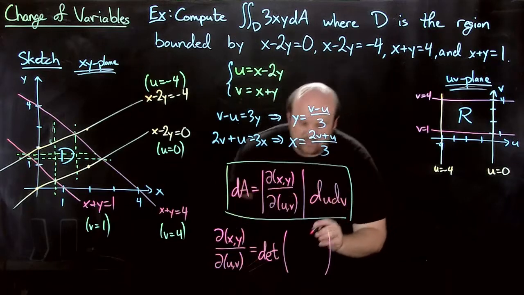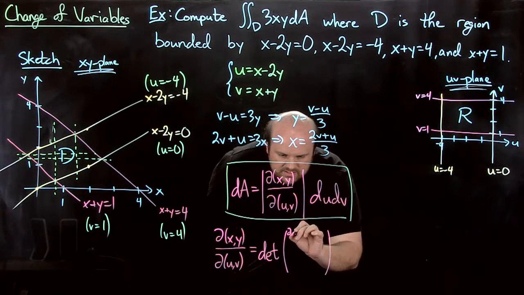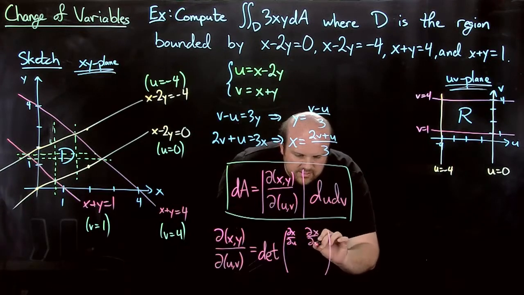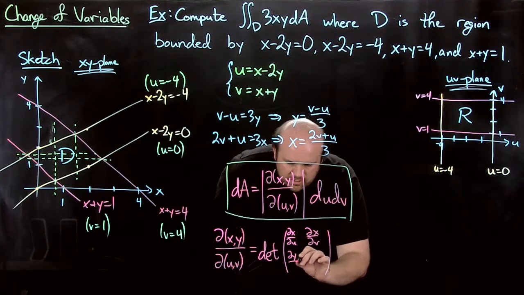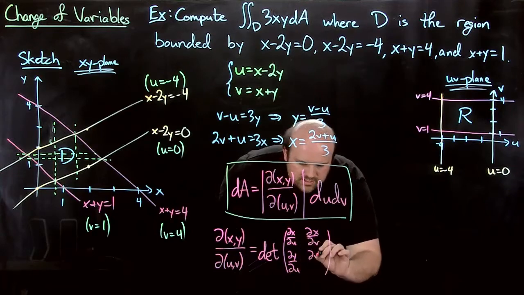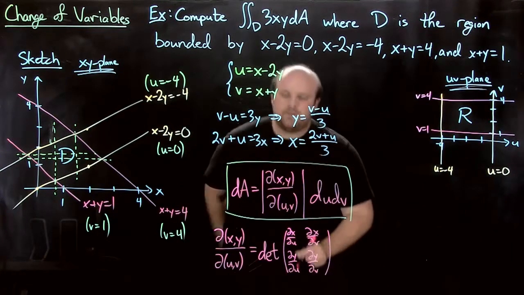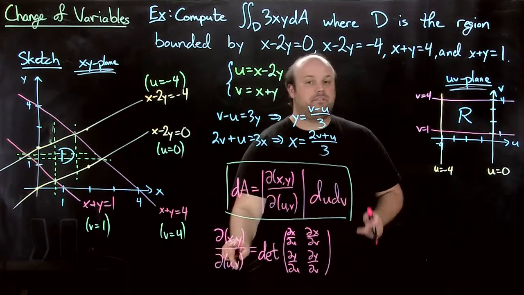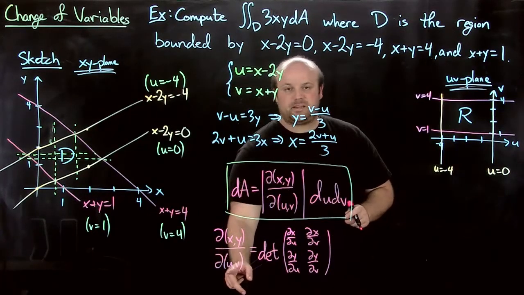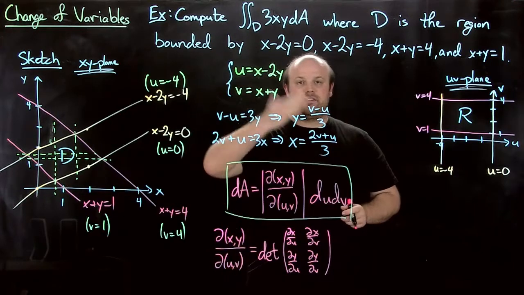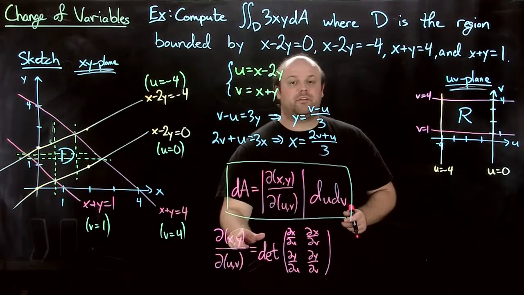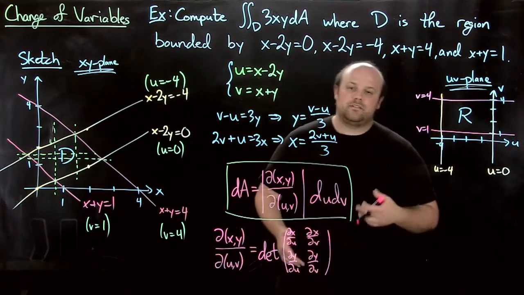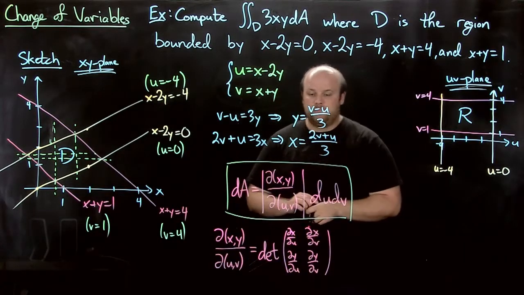But what it looks like here is we have ∂x/∂u, ∂x/∂v, ∂y/∂u, ∂y/∂v, right? So the notation here kind of means take the derivatives of this first thing, x, with respect to u and v. Okay, then go to the next row, take the derivative of y with respect to u and v. Right? So that's kind of where this notation is coming from.